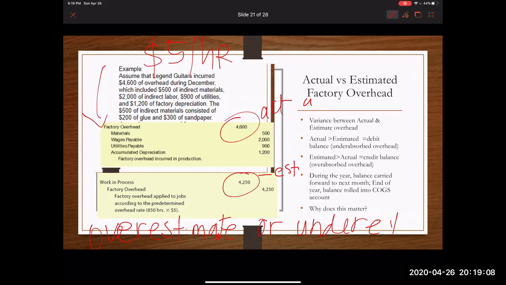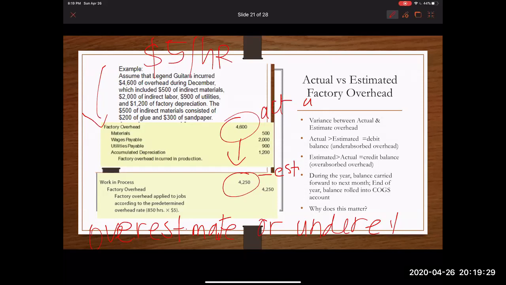So let's talk about this variance between actual and estimate. When your actual is greater than your estimate, which in our case it is, then you're under absorbed, meaning you did not apply enough factory overhead.